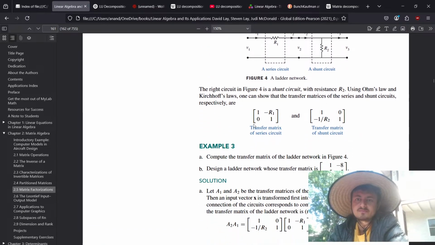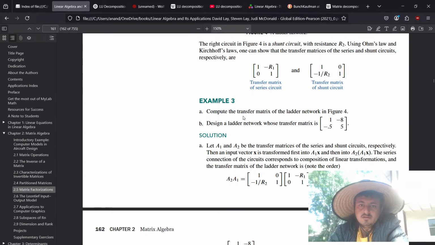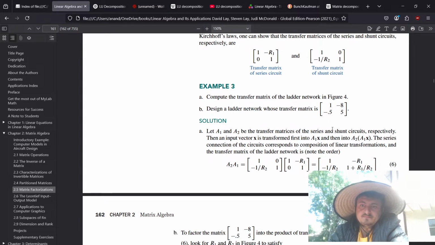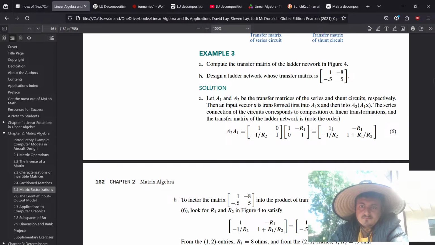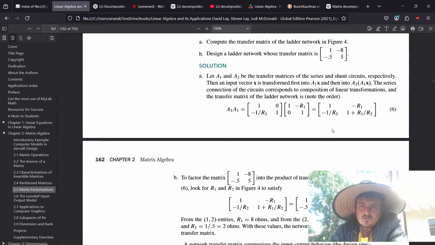You just multiply those matrices. Design a ladder network whose transfer matrix is given.